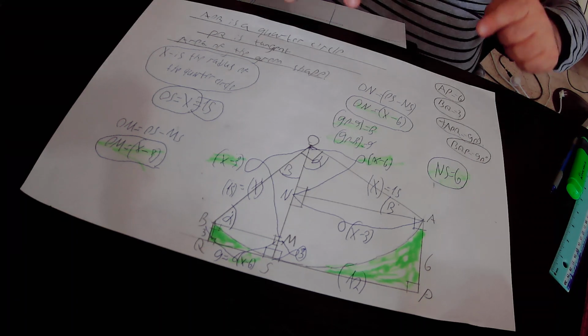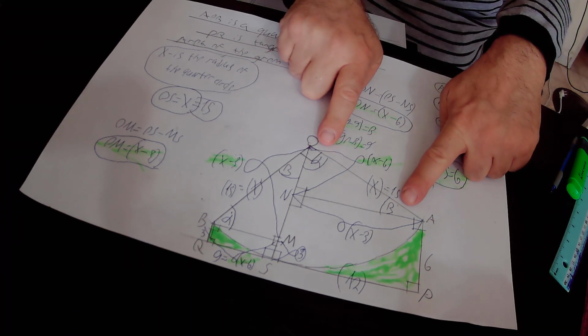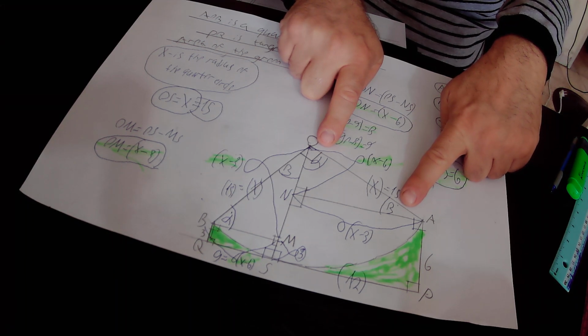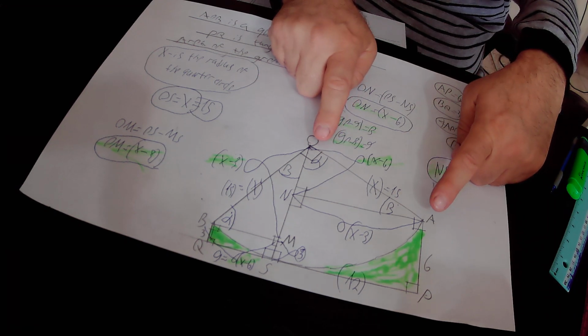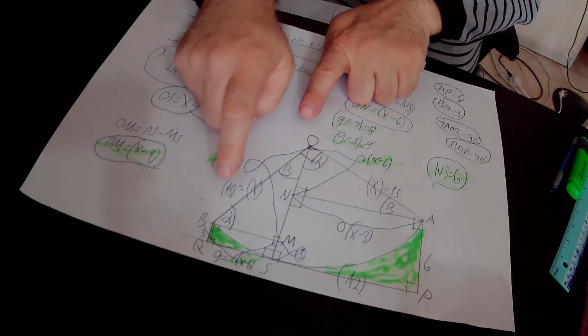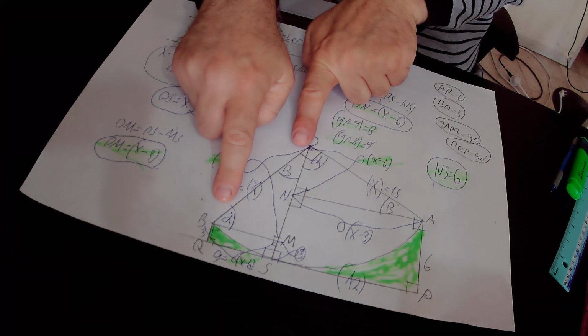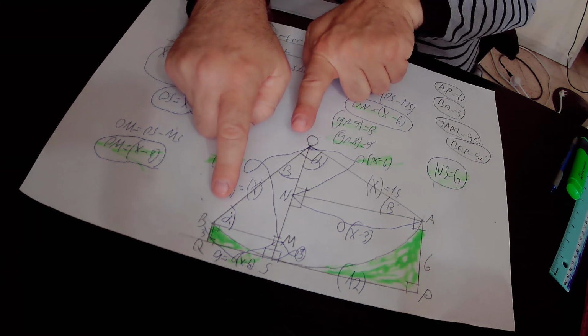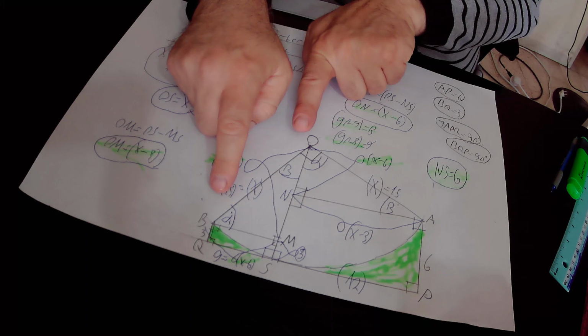And here we proved that those two angles, that is to say alpha and beta, and the side included between those two angles, that is side OA in the right triangle ONA, are correspondingly equal to those two angles that are also alpha and beta, and the side included between those two angles, that is side OB in the right triangle OMB.